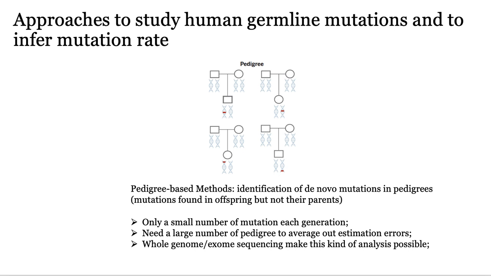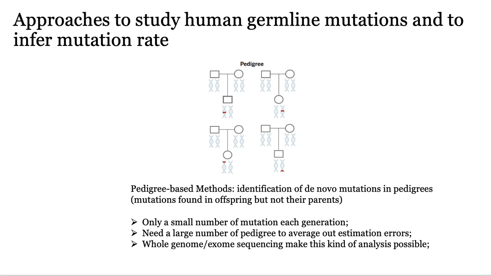And the problem is that the mutation rate is low. Usually, in each generation, there are less than 100 mutations. So it's a small number compared to the size of the genome. And when you do sequencing, there are always errors in your sequencing technology. How do you differentiate sequencing error and a new mutation?